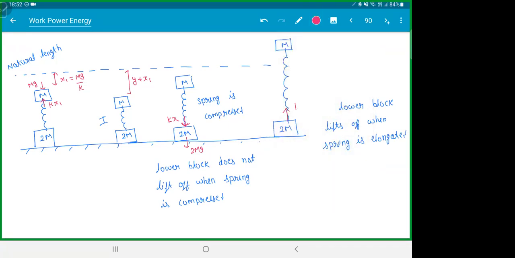So in this scenario, the force will be like this, kx, and this guy will be 2 mg, and you're just lifting off. So normal reaction N is just 0. That means this length here, x, is given by 2 mg by k. This is your final state, everyone. This is your state 1, and this is your state 2.